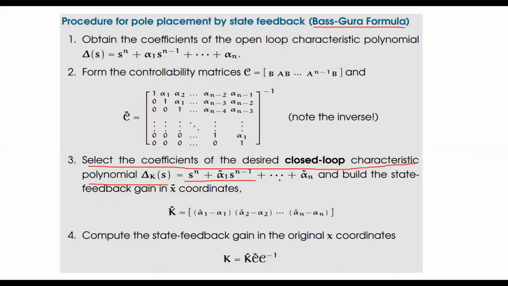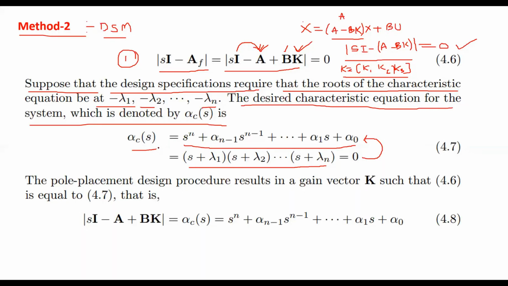These closed loop poles they can give in the problem. Based on the poles, we have to find one characteristic polynomial for the closed loop function. The same way here also we are going to find the characteristic polynomial from the closed loop poles. Those poles will be given in the problem. If there are three poles, the order of the system will be three. If there are four poles, the order of the system is four.